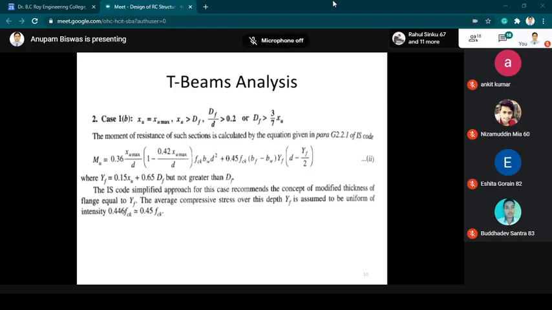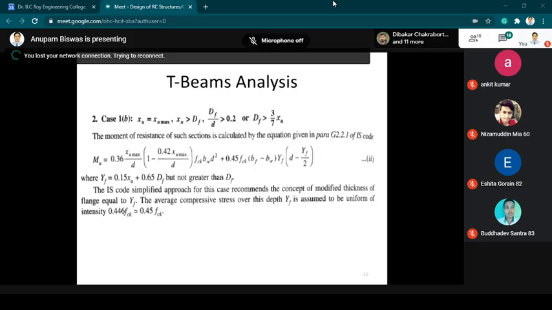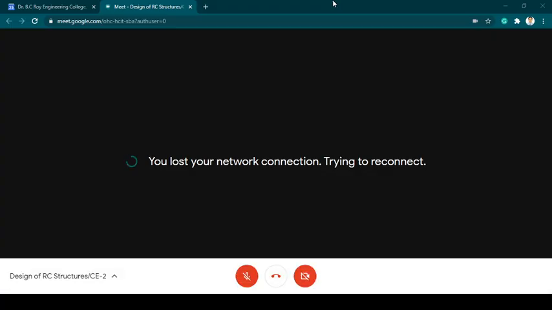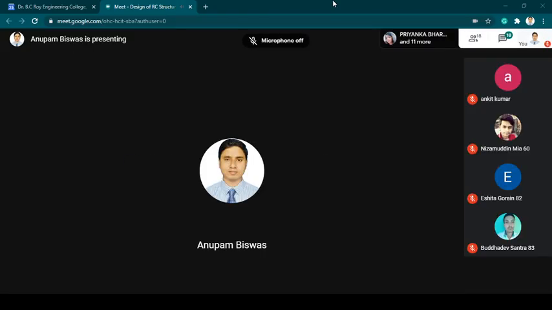Let us see the second subcase, 1b, where the value of Df by d is more than 0.2, meaning the value of Df is more than 3/7 of xu.